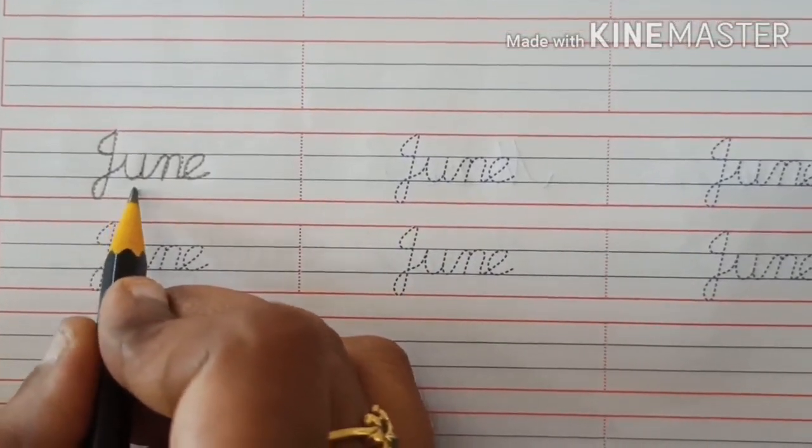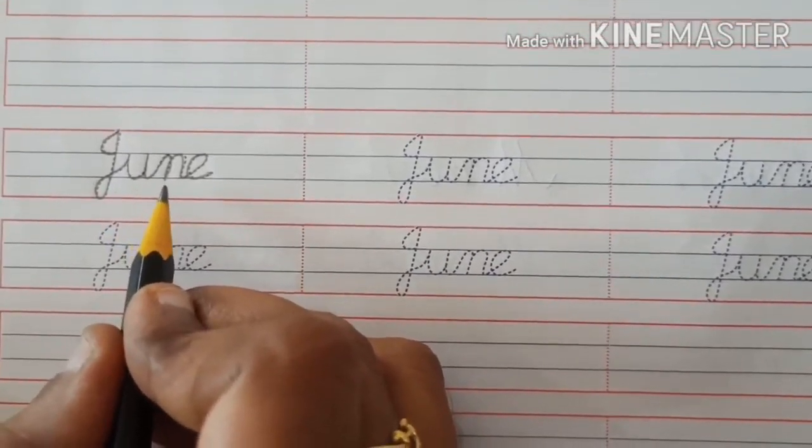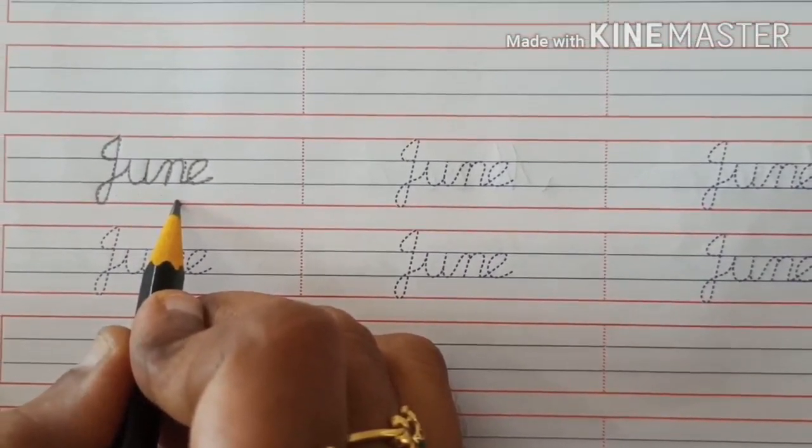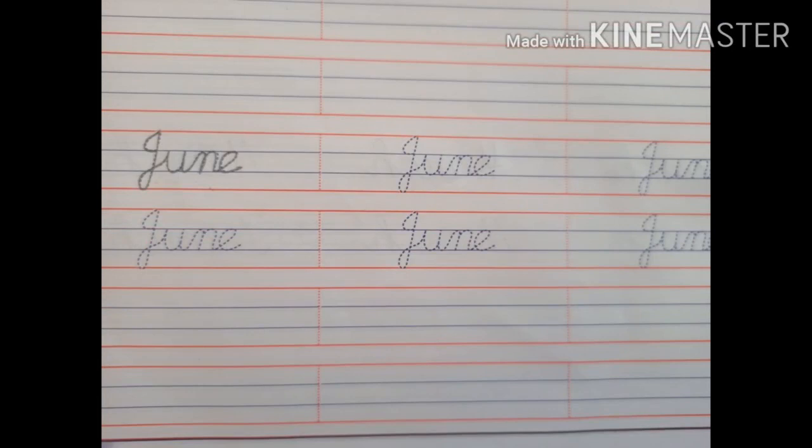June, J-U-N-E, June. At first you have to trace these words. After that you have to practice and write these words in your book and write neatly.